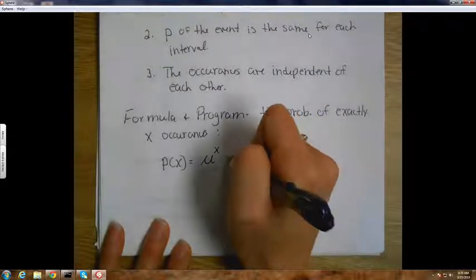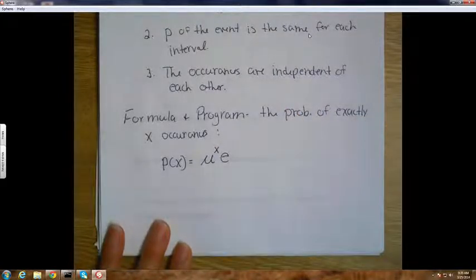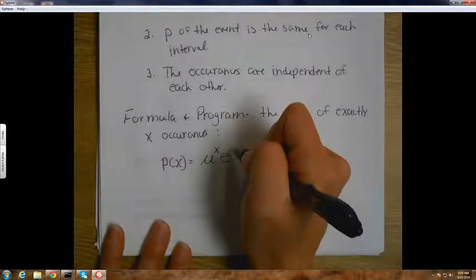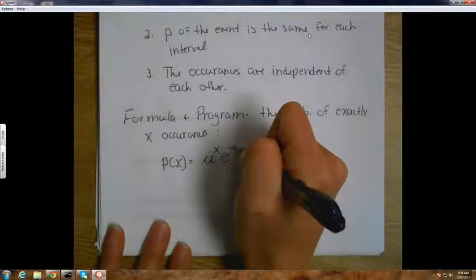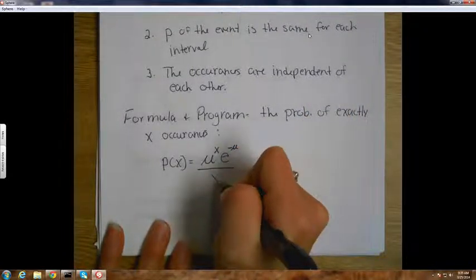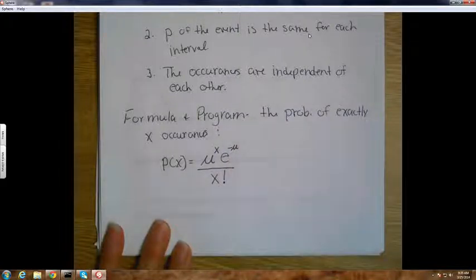times e, the constant e. You saw this in advanced algebra. It's like 2.71 and so on. You have an e button on your calculator, I'll show it to you. Raised to the negative mu, all divided by x factorial.